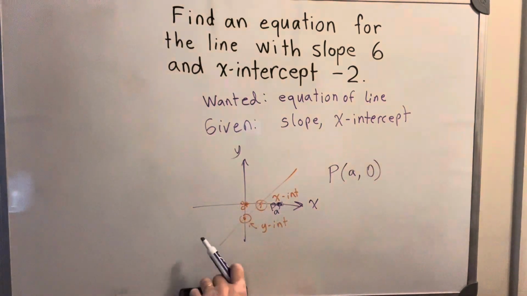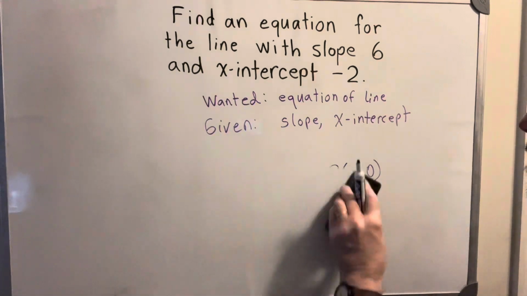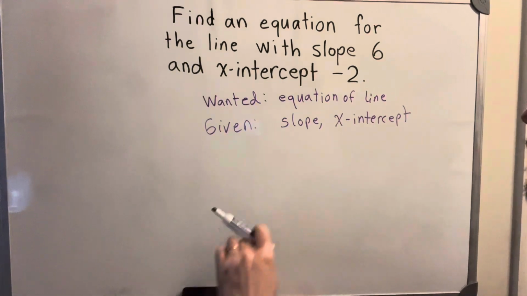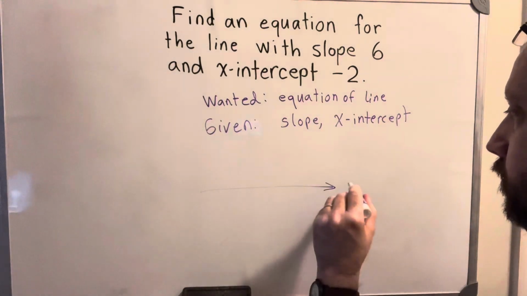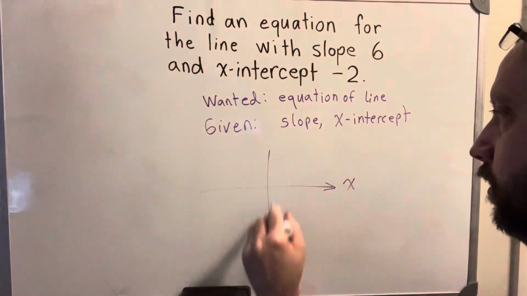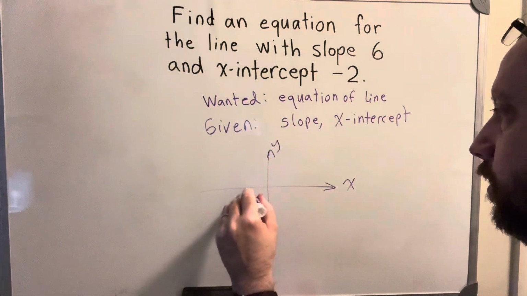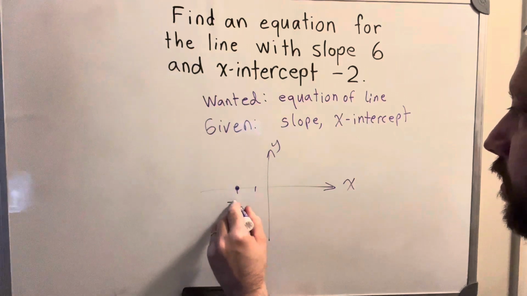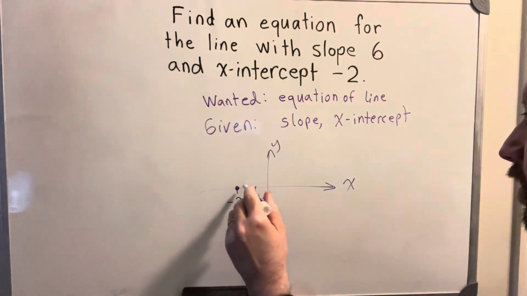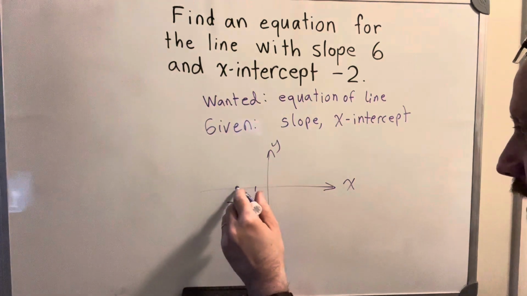So when it says that the x-intercept is at -2, remember, it's on the x-axis. It's intercepting the x-axis.